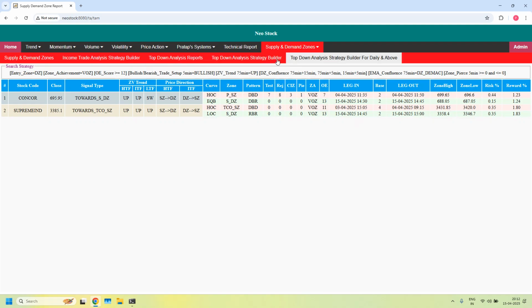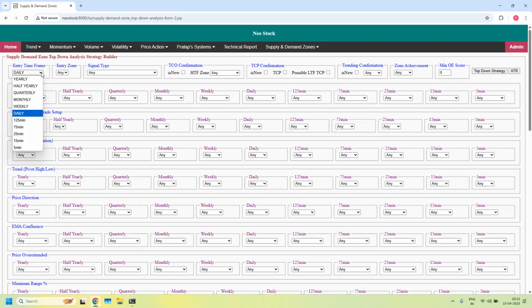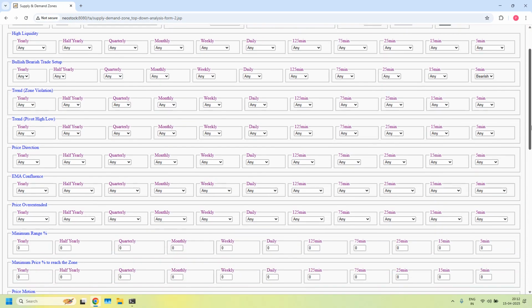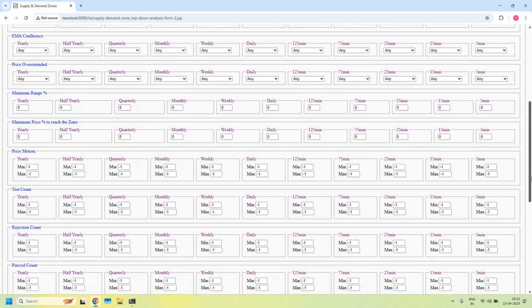Next, the bearish trade setup for hourly income trade. Entry time frame 5 minutes, entry zone supply zone. In bullish or bearish trade setup at 5 minutes, I am selecting bearish. Zone confluence VOZ, minimum odd enhancer score 12, and also the 5 minute supply zone should not be pierced.